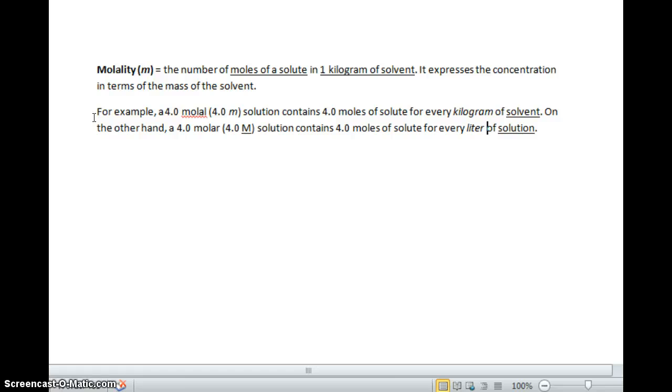On the other hand, a 4.0 molar, 4.0 capital M, solution contains 4.0 moles of solute for every liter of solution. And again, your M needs to be italicized. So those are the big differences. Molal is kilogram of solvent. Molar is liter of solution.